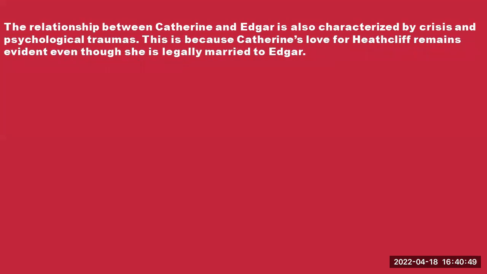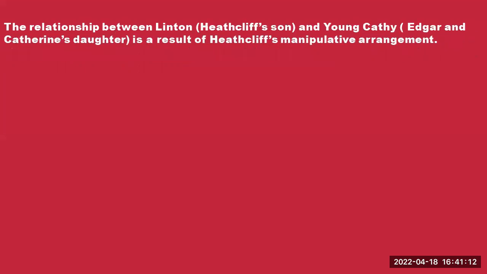Now we find the relationship between Catherine and Edgar characterized by crisis as well, and psychological traumas on the part of Catherine, because in her heart, Catherine loves Heathcliff, and that love remains evident, even though she is legally married to Edgar.